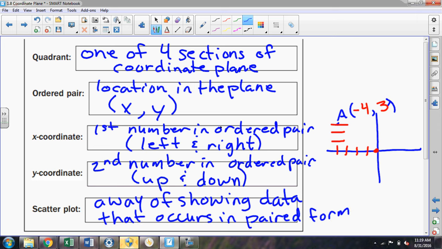So for instance, your height and weight are two pieces of data. We could record each person in a scatter plot by putting down an ordered pair for their height and weight on an x and y coordinate system. We could also use the age of your car and how many miles are on your car.